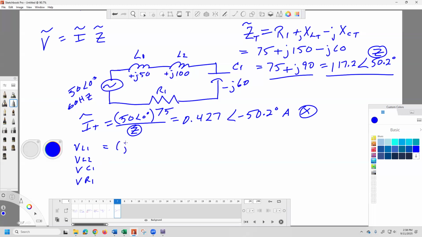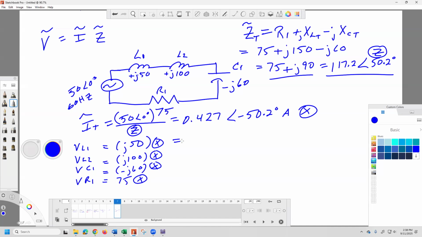Yeah. So we got J50X, J100X, minus J60X, and 75X.